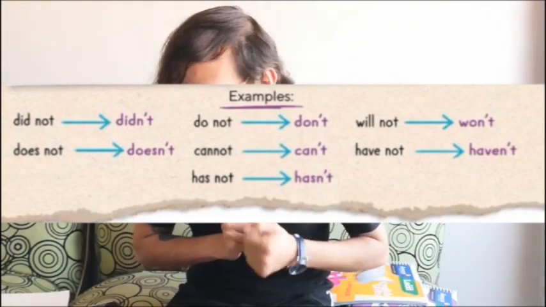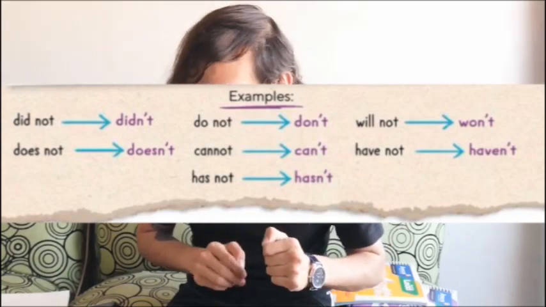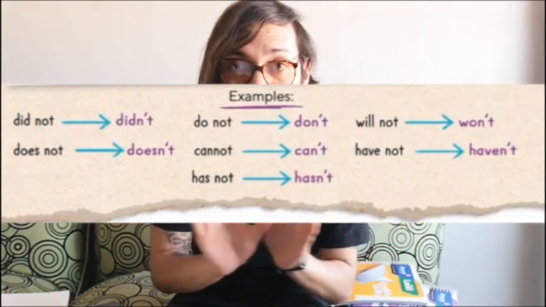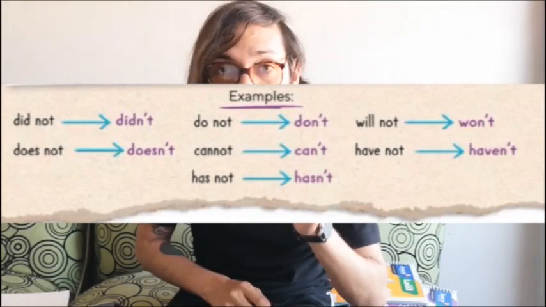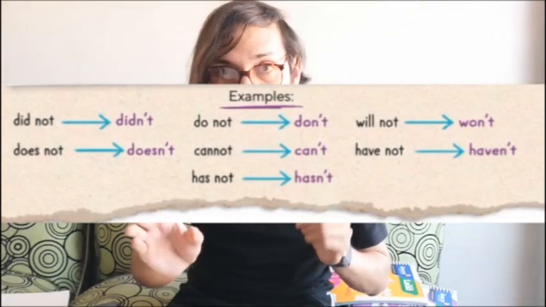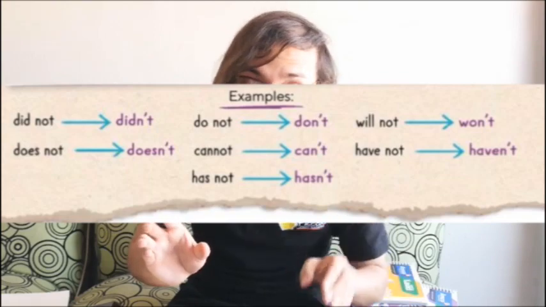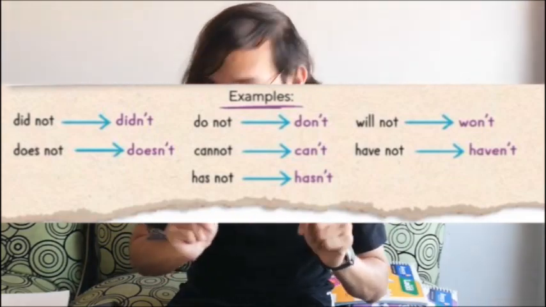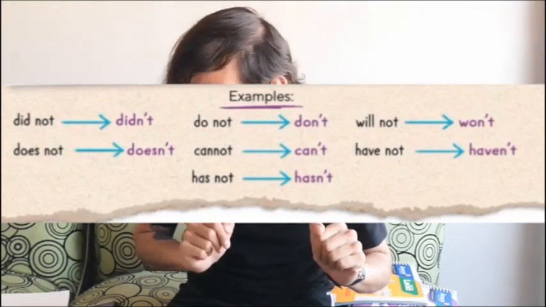Doesn't. Does not. We drop the letter O. Doesn't. Do not. We drop the letter O, add an apostrophe, combine it, don't. Cannot.